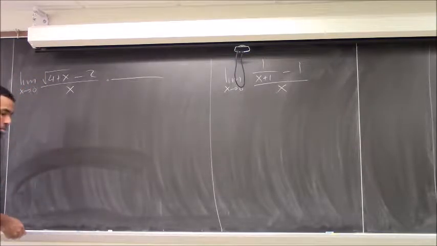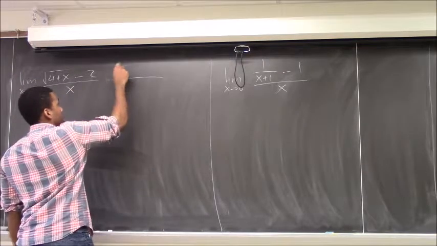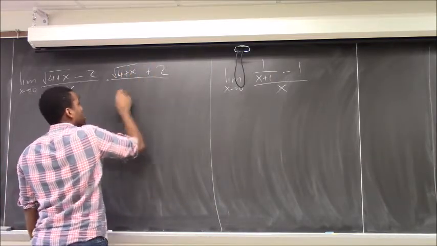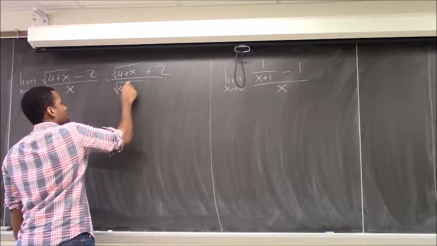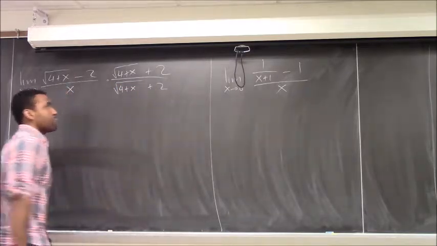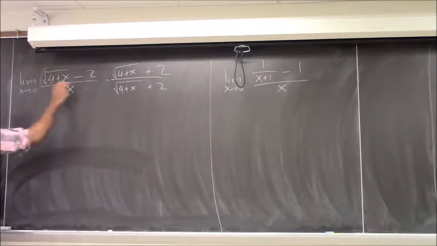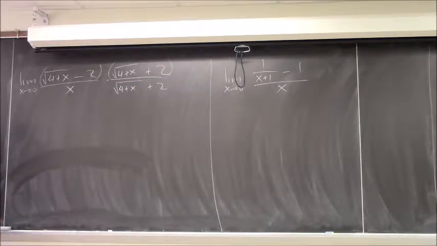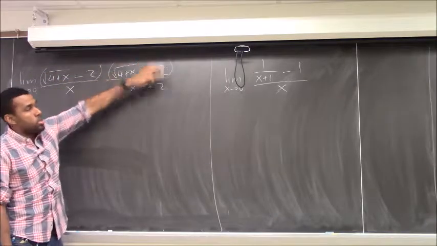Simplifying something like this we've looked at before, it's multiplying it by the conjugate. So we multiply by the square root of 4 plus x plus 2, divided by the square root of 4 plus x plus 2. Now on the top, we're going to multiply these two sets of parentheses. Notice here that what we have is something that looks like a minus b times a plus b.